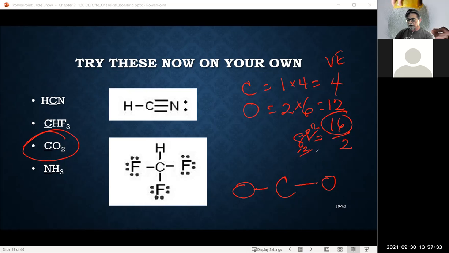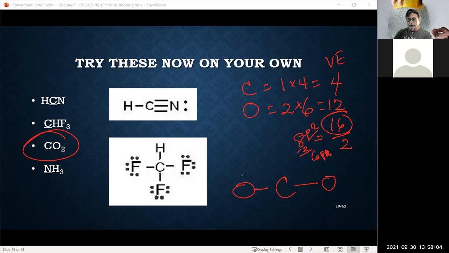So what do I have left? I've got 6 pair to work with. Now, where do I put them? Well, the good thing is you don't have any hydrogen to worry about. You only have carbon and oxygen, so you can put them anywhere you want. I prefer to go on the outside atoms and work in. You do what works best for you. Eventually, it's all going to be the same at the end of the day, as they say.